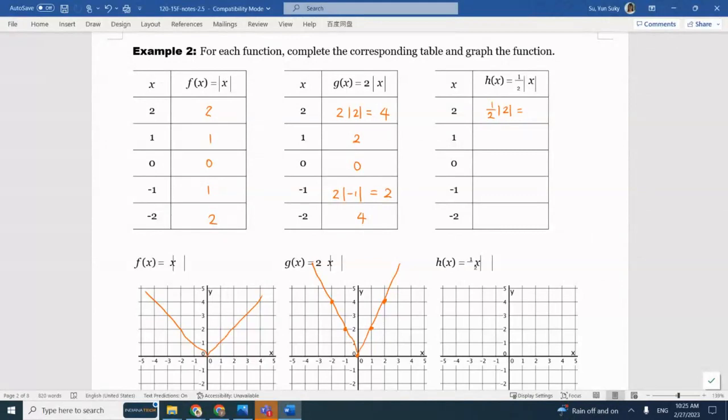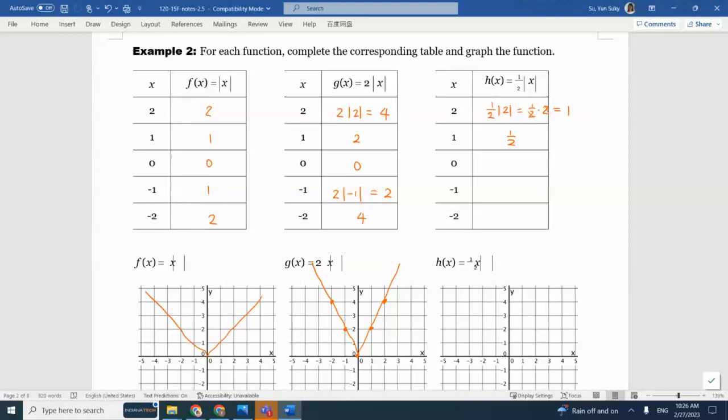What's absolute value of 2? 2. What's 1/2 times 2? Do you see the 2 cancel? So it'll be 1. Right, we got 1. What happened if we plug in 1? We get 1/2. Good.